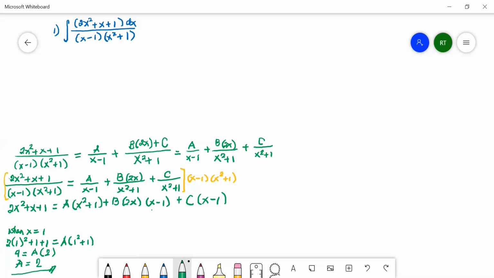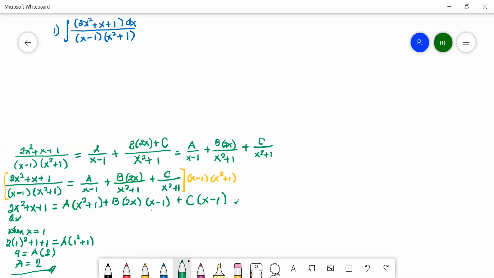Therefore, we have to use the other method, which is equating coefficients of x to the n. If we are going to use this method, then we might as well write this equation in the expanded form.